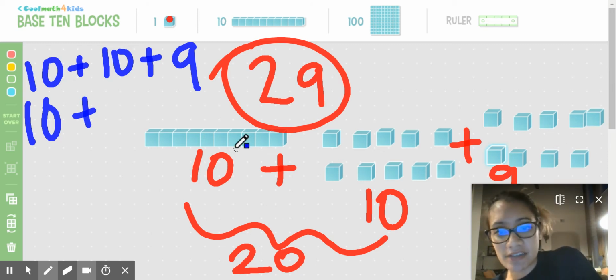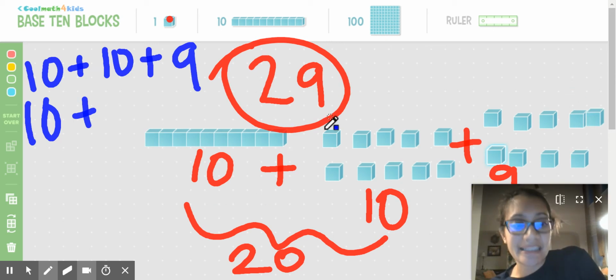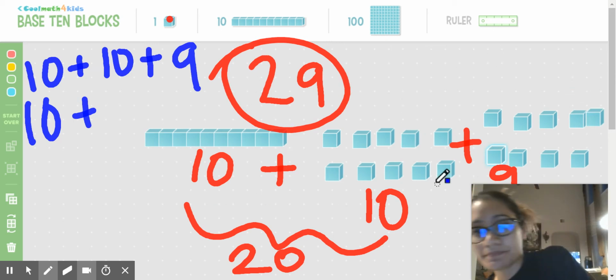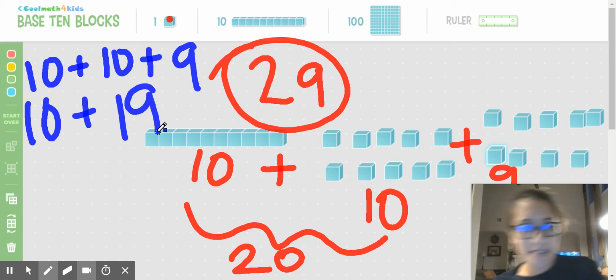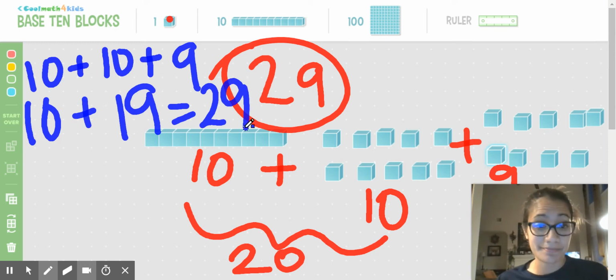So this is actually 10 plus 19. 10 plus 19 equals 29.